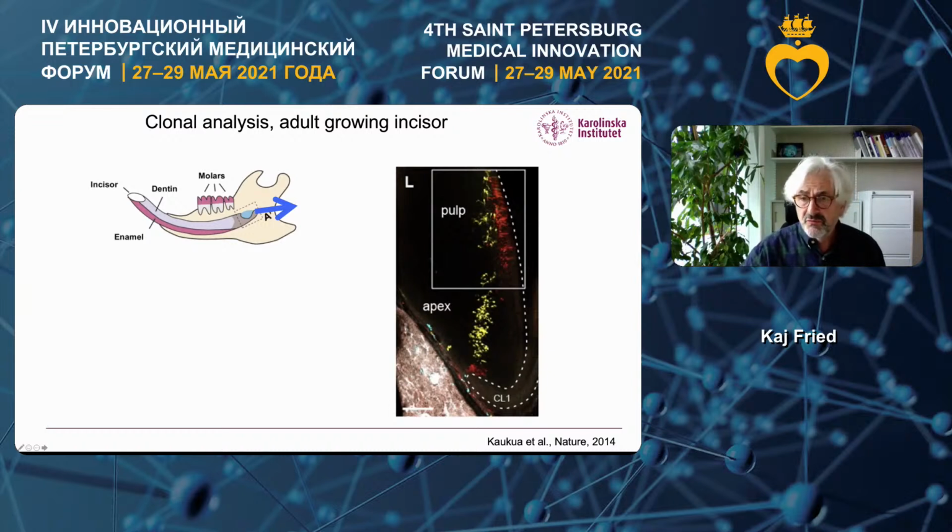And here's another clone which is colored in yellow, and we can see the relationships between these different clones. So far we can see that in this area, in the growing tooth, there are stem cells that are derived either from the nerve, well, in the adult, mostly from the nerve, or from remaining, more or less silent or quiescent stem cells within this area.